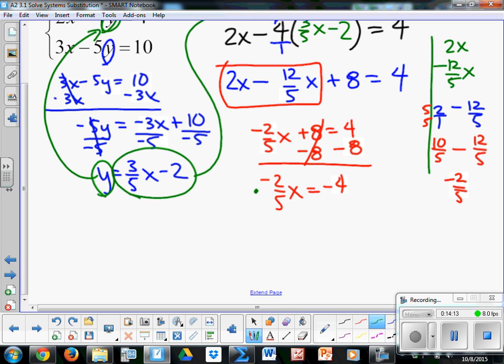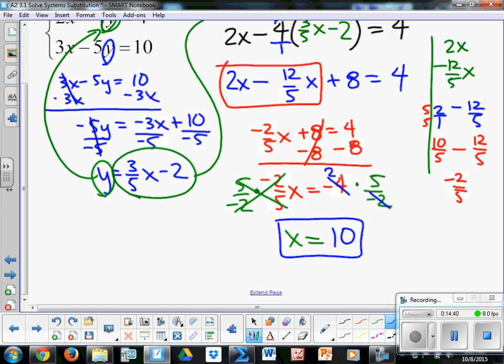Now I'm saying the words divide by negative 2/5, but notice what I'm writing, because division by a fraction is the same thing as multiplying by the reciprocal. So the 5's divide out, the negative 2's divide out, I'm left with just x. On the right side, the negative 4 and the negative 2 are going to reduce. This is actually 10. Well, that came out kind of nice, didn't it?